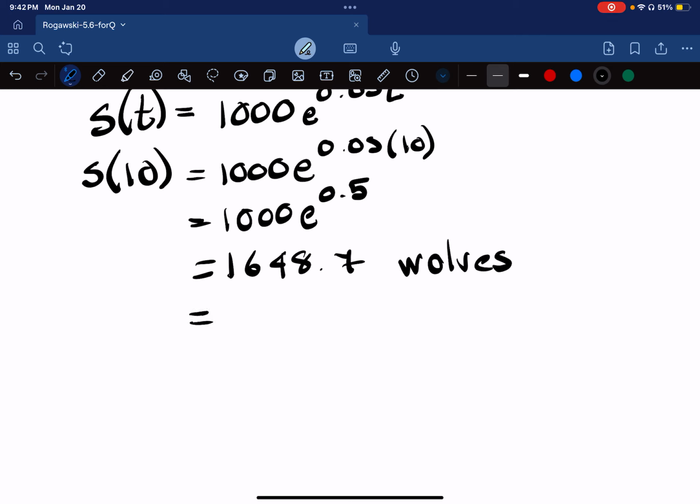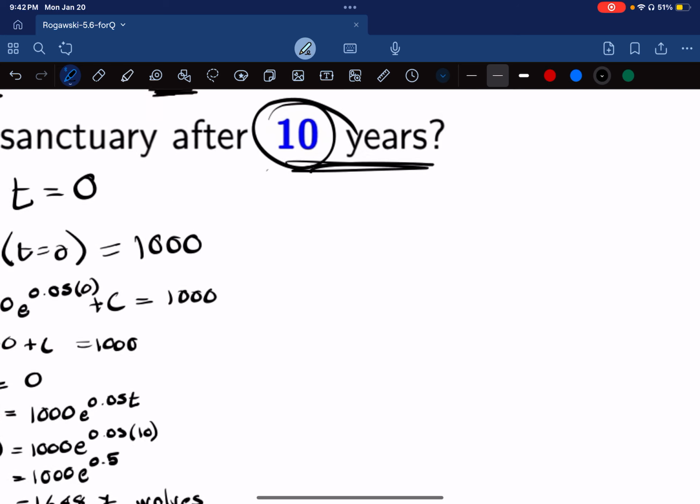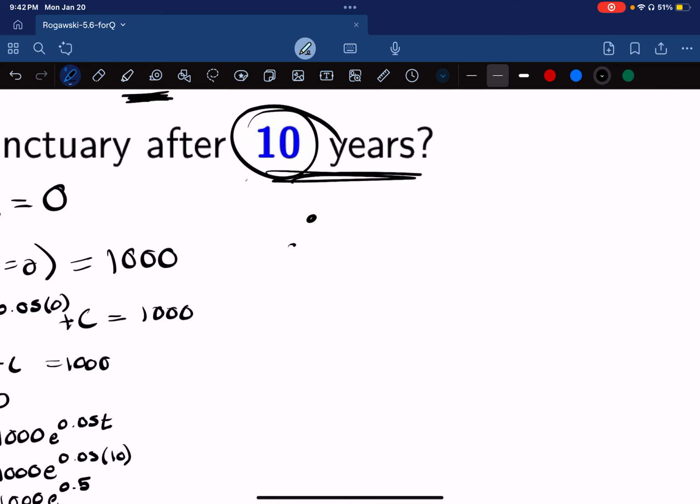So, in this case, I'm going to simply round up and say there is going to be 1649 wolves. The reason I will round is you can never have 0.7 of a person or an animal. It is possible to have 0.7 of an object, but you cannot have 0.7 of a person or an animal.